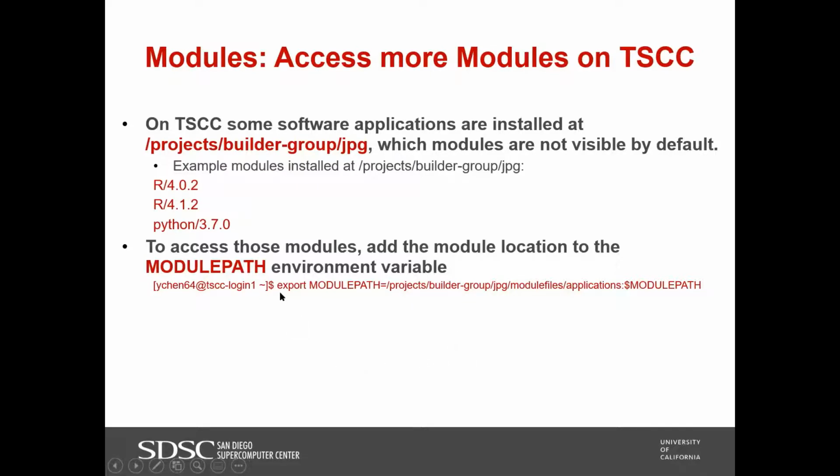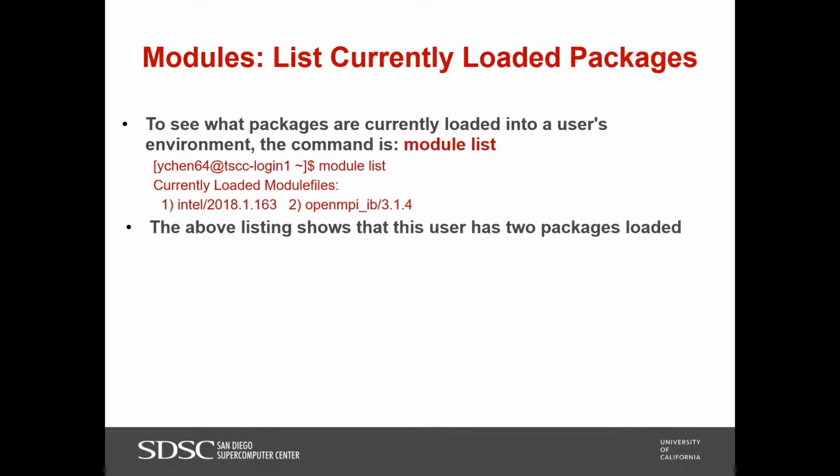I can export MODULEPATH equal to that location, including the original locations saved in MODULEPATH. After typing that command and hitting enter, if I run module available again, I will see some software application modules installed at /projects/builder-group/jpg.